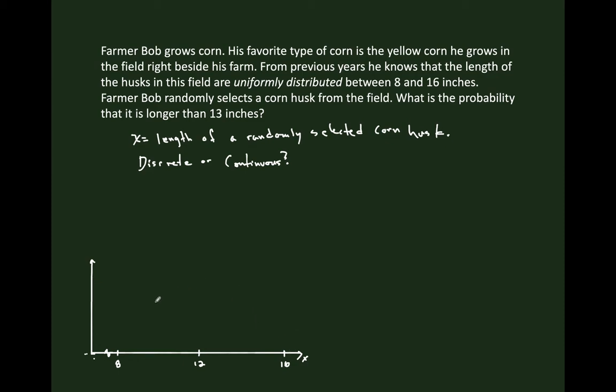And what I want to do is think about this as, I'm going to draw a horizontal line, sort of similar to what I was doing with the abstraction of the die problem earlier.